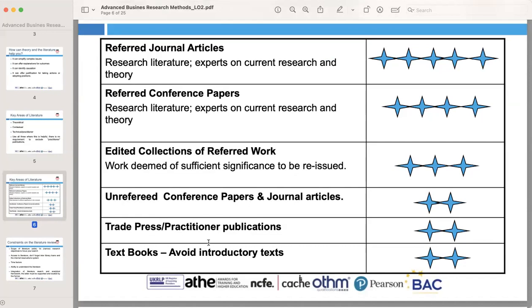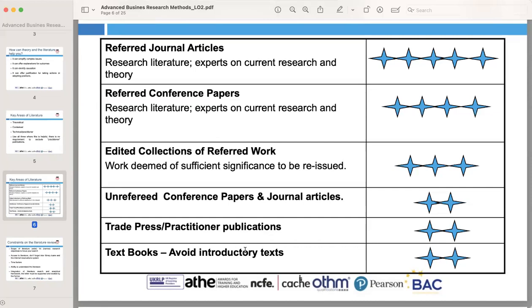trade press and practitioner publications. Trade press or practitioner publications are targeted at professionals working in specific industries or sectors. Then textbooks, wide introductory textbooks or comprehensive resources that provide an overview of a particular subject.